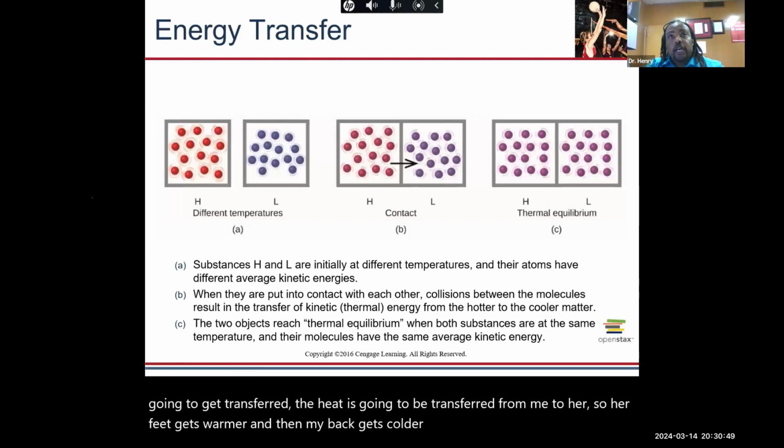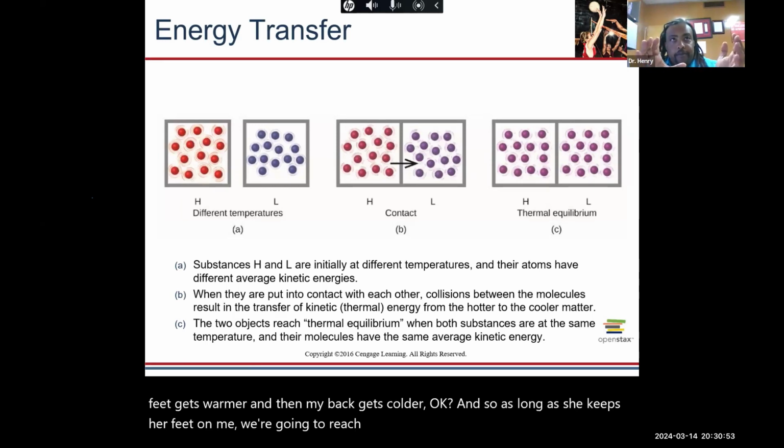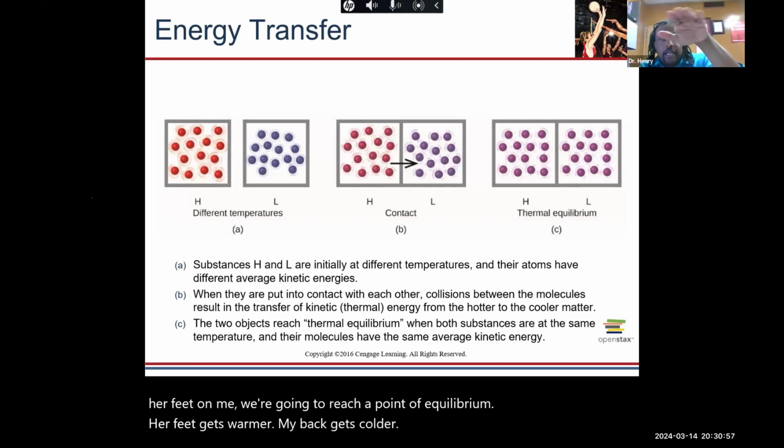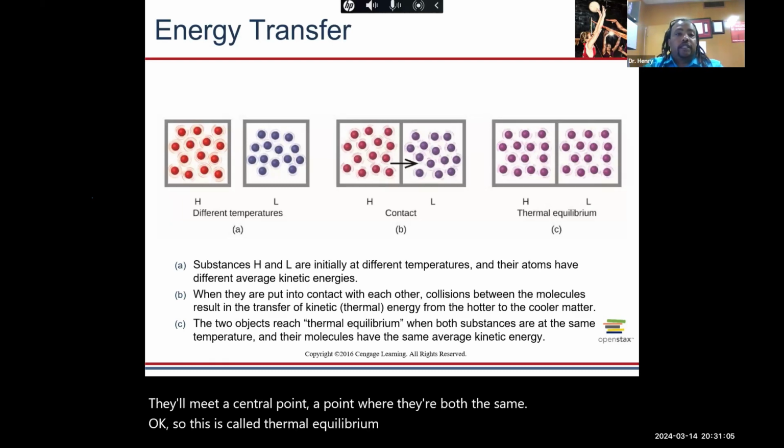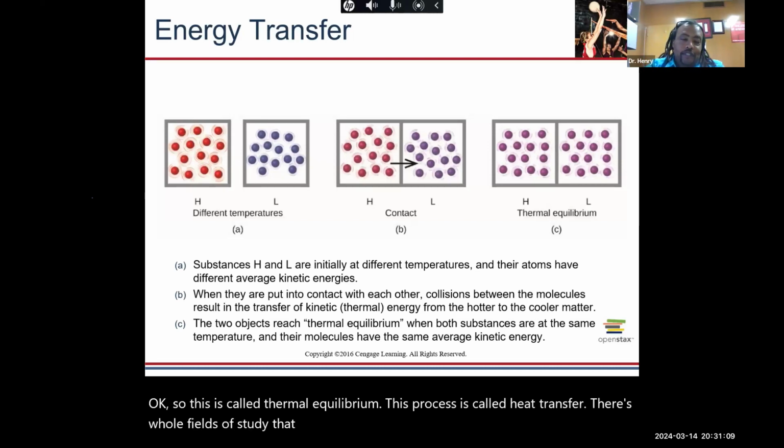And as long as she keeps her feet on me, we're going to reach a point of equilibrium. Her feet get warmer, my back gets colder. They'll meet at a central point, a point where they're both the same. So this is called thermal equilibrium. This process is called heat transfer. There are whole fields of study dedicated to heat transfer.